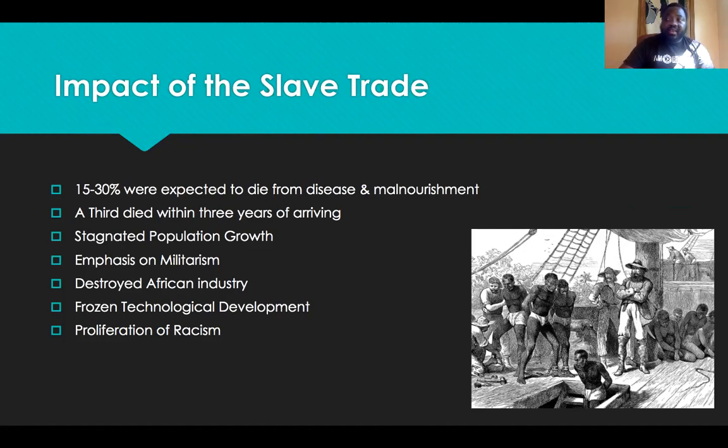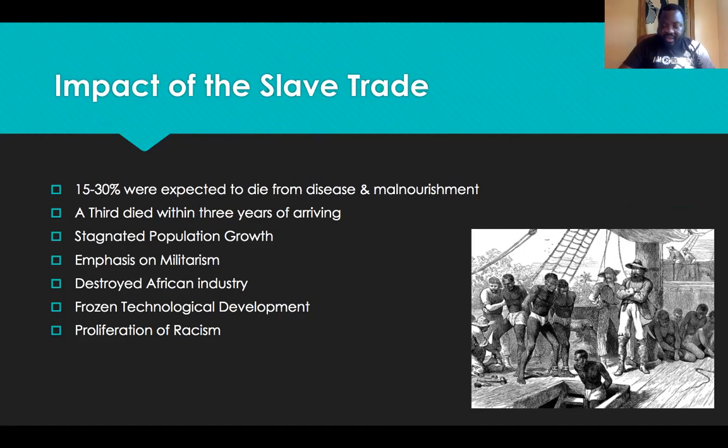But in capturing people of opposite ethnic groups or tribes, when the currency of your society is people, it makes you hawkish.